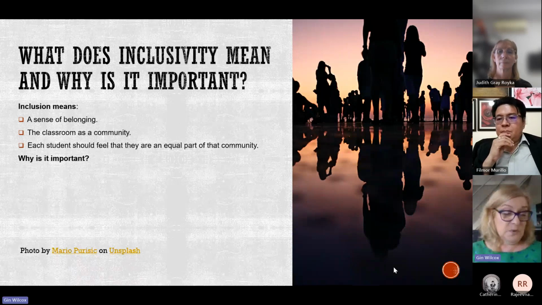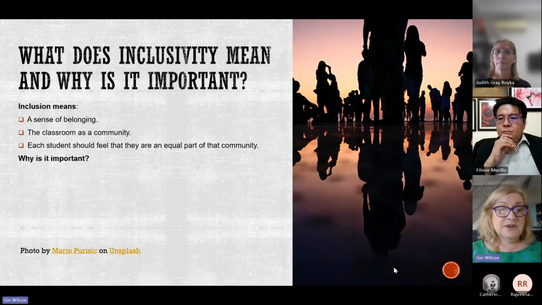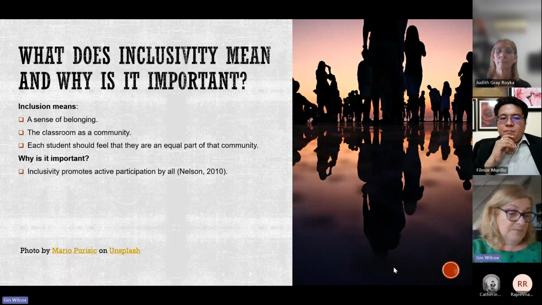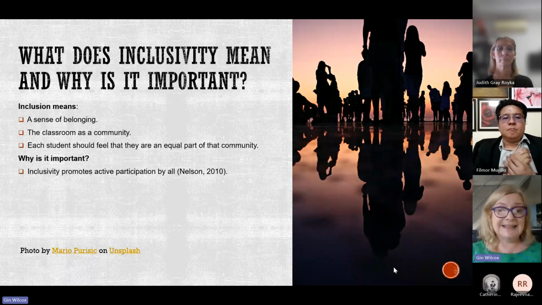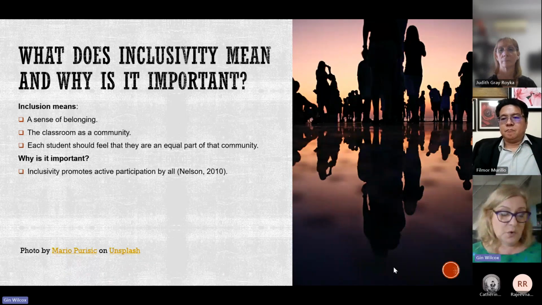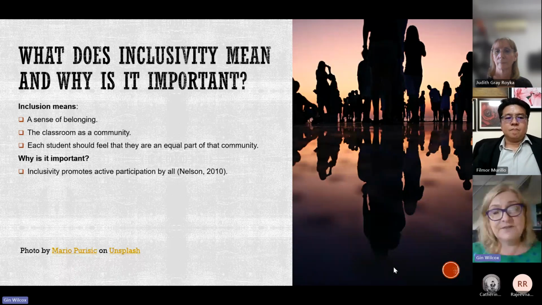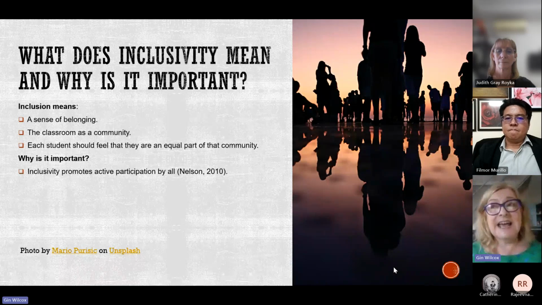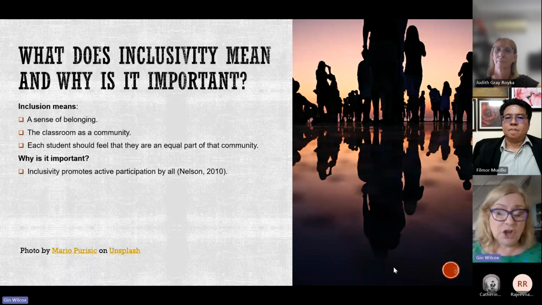And why is this important? So Cynthia Nelson promotes the idea that active participation by all is a part of inclusivity, and that inclusivity promotes this idea. An active student, they learn faster and they learn more, they retain the knowledge better than a passive student.